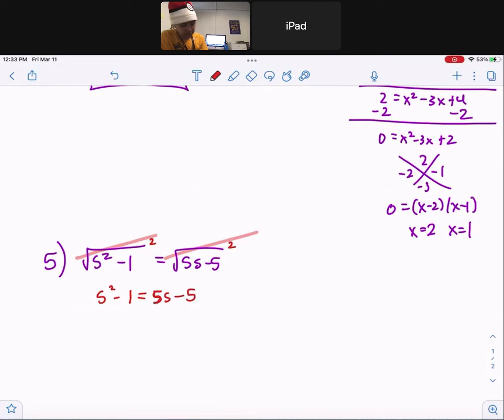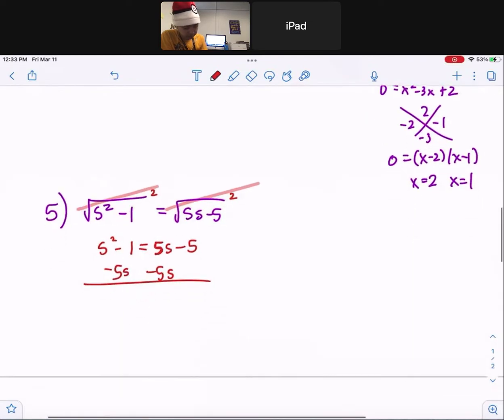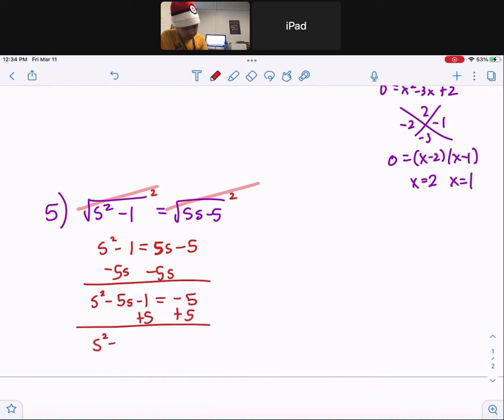But because we're dealing with a quadratic, right, let's just make this whole equation equal to 0. So I'm gonna subtract 5s from both sides. Now we get s squared minus 5s minus 1 equals negative 5. And then add 5 to this side. s squared minus 5s plus 4, you guys, equals 0.